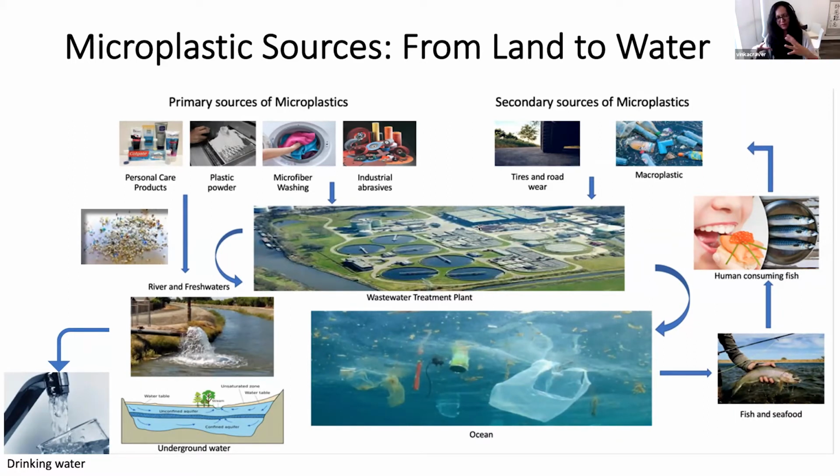We have different systems that promote the action of biological material, and then we basically try to settle everything out. Then we discharge the water and it can enter freshwater systems, and it can also enter the ocean.